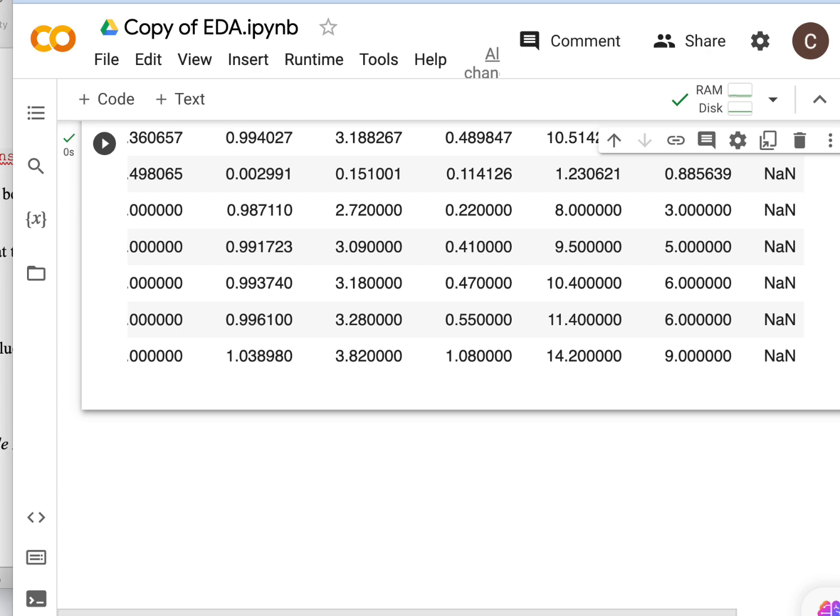What this is saying is that whenever alcohol goes up by 1 unit, quality goes up by whatever the coefficient is. So if the coefficient was 0.25, it would say that every time the alcohol level went up by 1 unit, the quality would go up by, on average, 0.25 points.